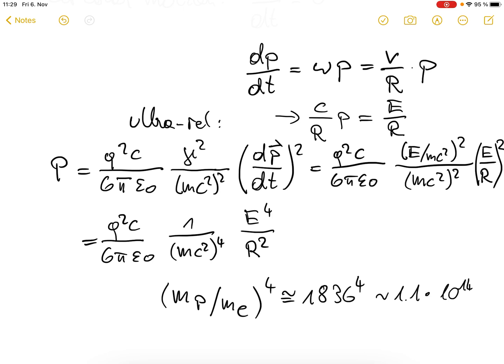That means a proton collider almost has no synchrotron radiation. There's almost no radiation from highly energetic protons on a circular beam, because the suppression factor is 10 to the 14, and that makes it completely negligible for the energies that are achievable.